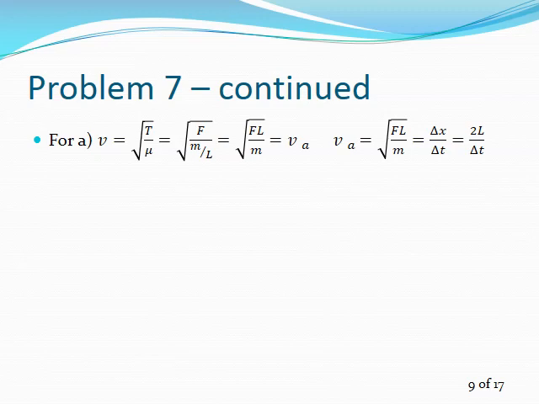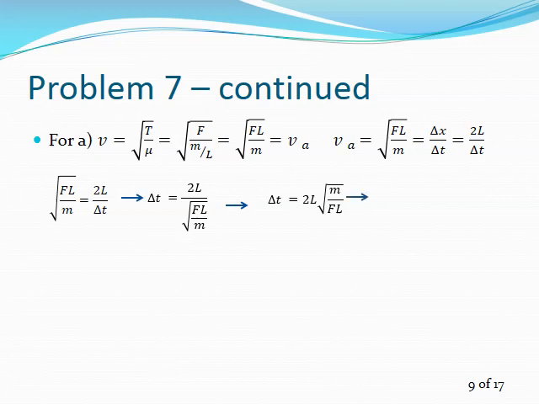And what they wanted is the time. So what we need to do is solve this expression for the time. And if I do that, I get this expression. I want to simplify this a little bit. I don't like the fraction in the bottom, so I'm going to rearrange it so the fraction is on the top. I don't like the 2L being outside the square root, and if I put it inside the square root, I have to square the 2 and square the L. So that leaves me with this expression for delta t.